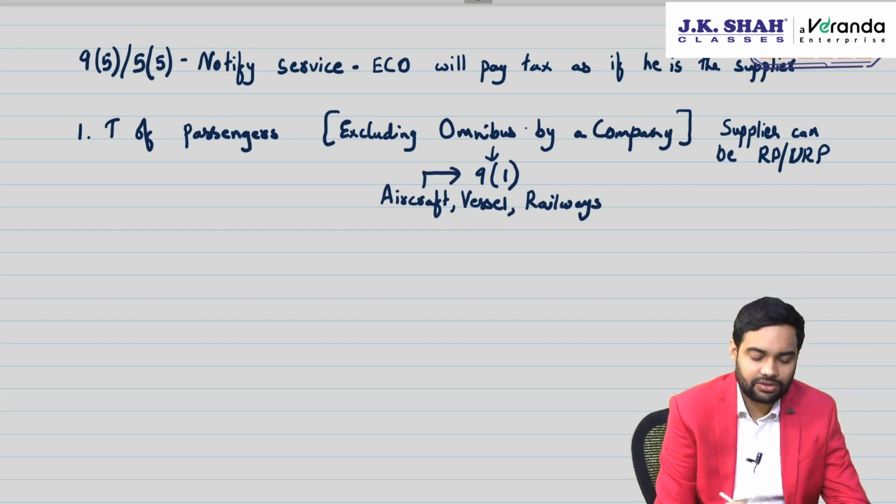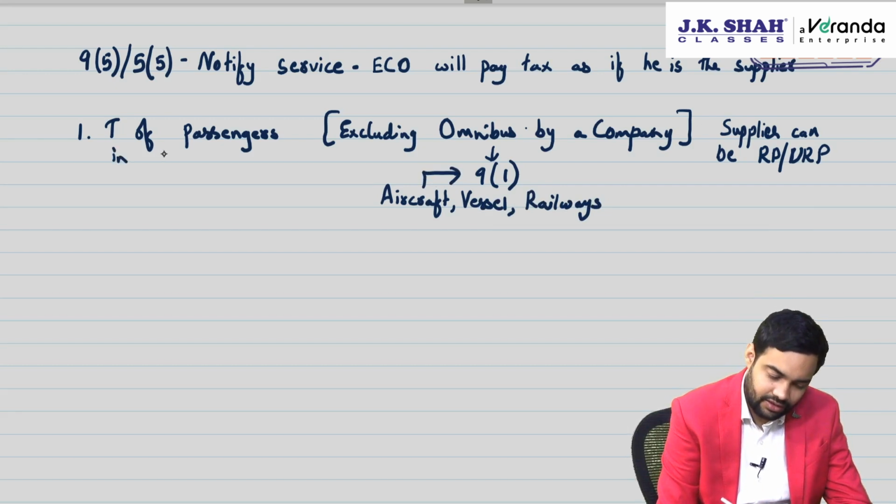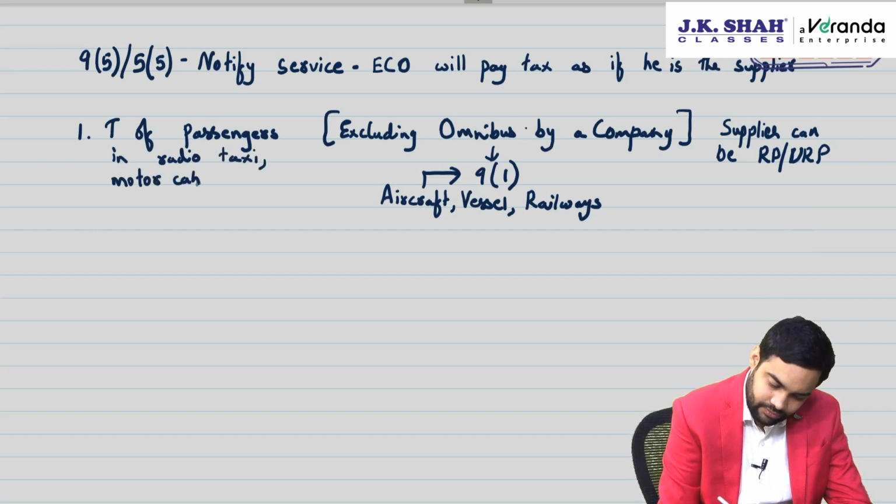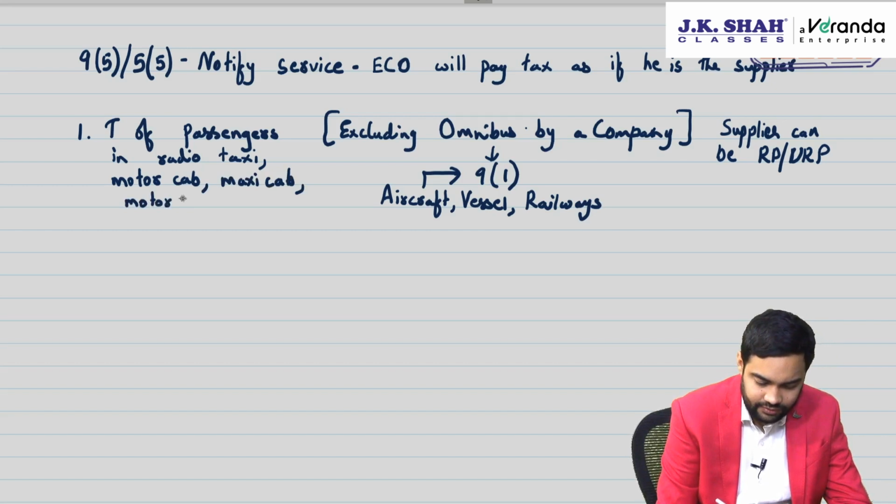It only talks about transportation of passengers in a radio taxi, motor cab, and motor cab comes from the Motor Vehicle Act, maxi cab, motorcycle, or any other motor vehicle.